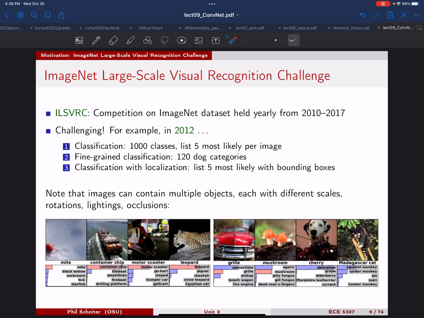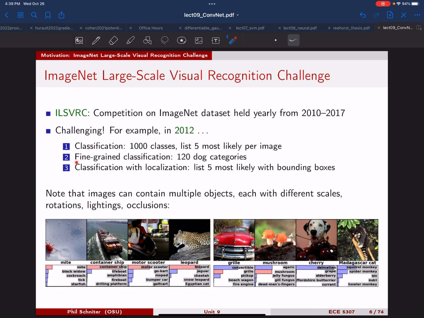For example, in 2012, one of them was classification, where there are 1,000 classes that a given image could be from, and whatever method you propose has to give the 5 most likely classes per image. And then there are different ways to score it. Maybe if the correct class is one of your 5 most likely, that could be one way to say you got it. Or maybe you could say it has to be the top most likely, and so on.